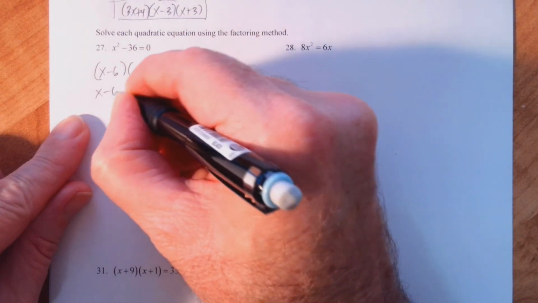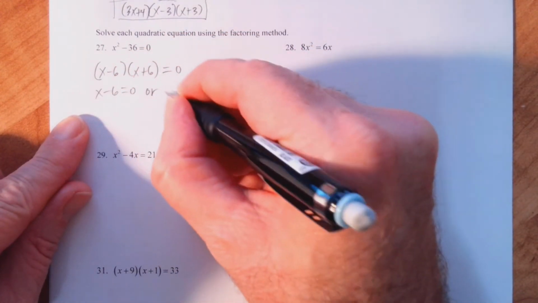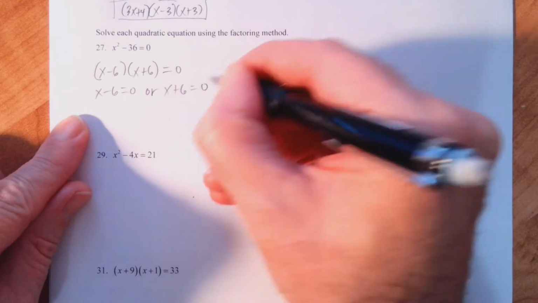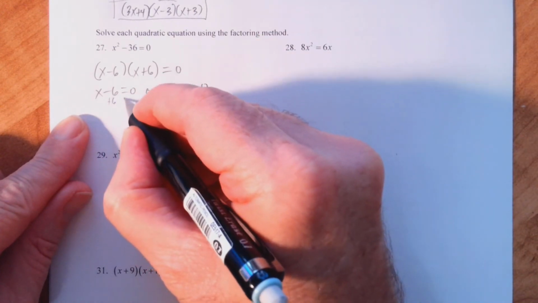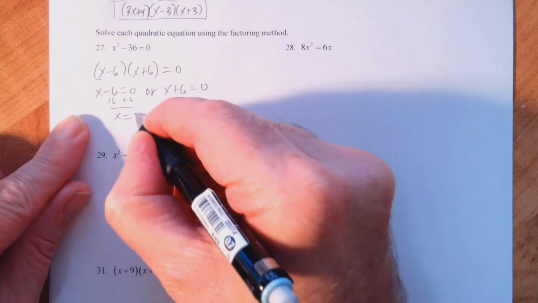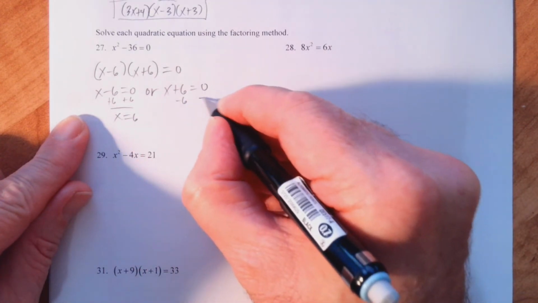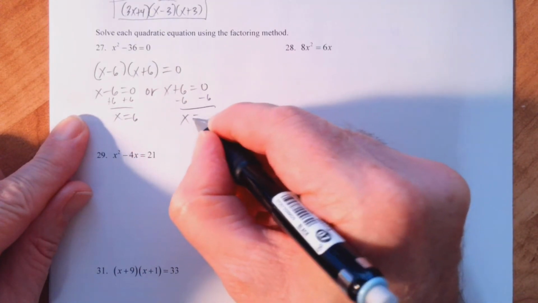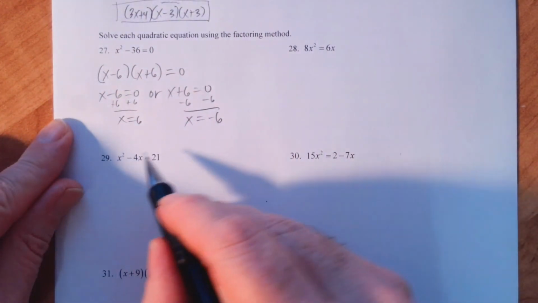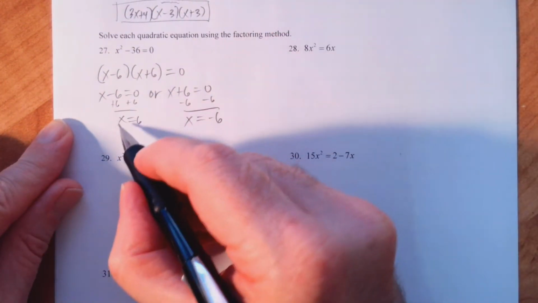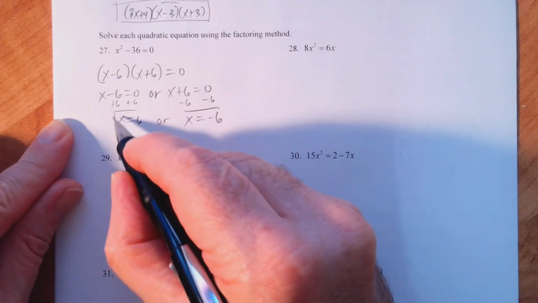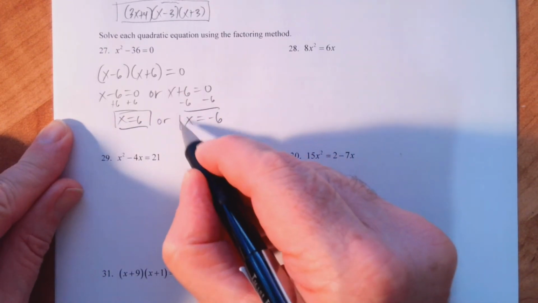When we set each of these equal to 0, here we're going to add 6 to both sides, we get x equals 6. Here we'll subtract 6 on both sides, we get x equals negative 6. So we have two answers here.